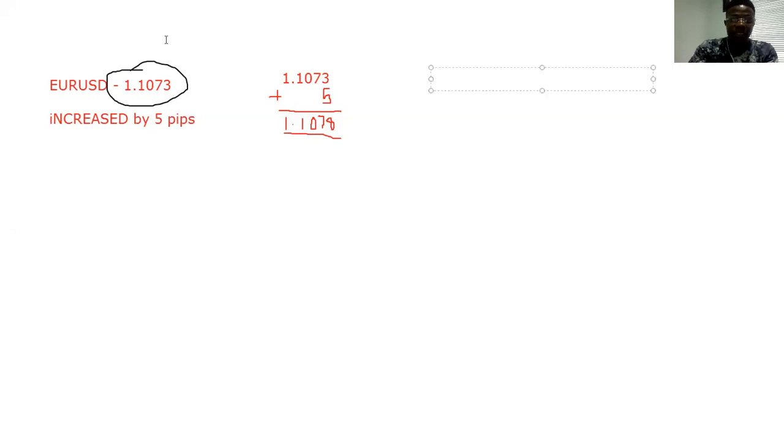Let's say it increased 20 pips, 1.1073, and it increased 20 pips. So the new value is going to be what?